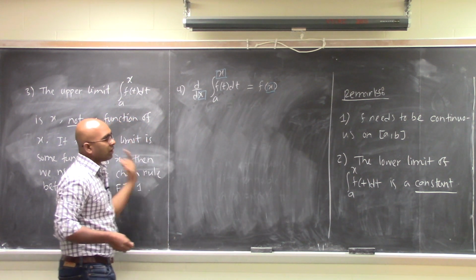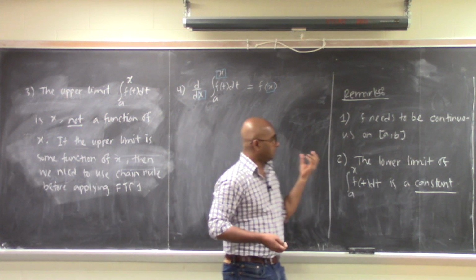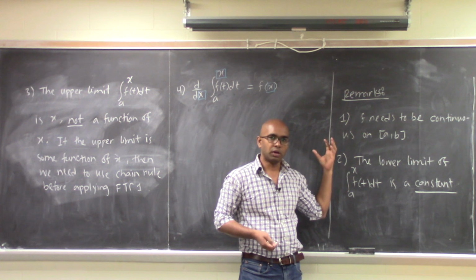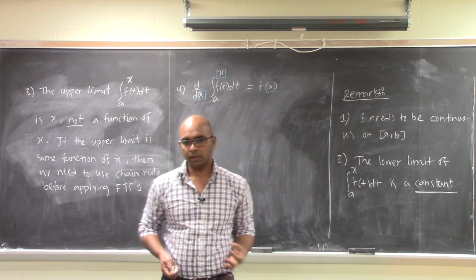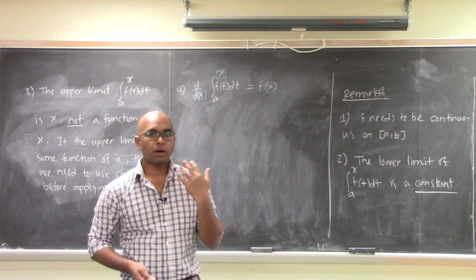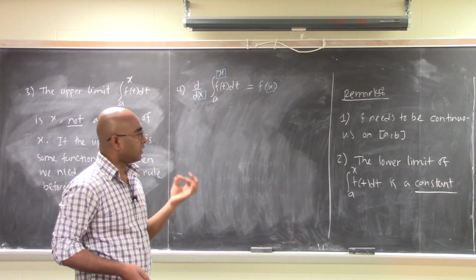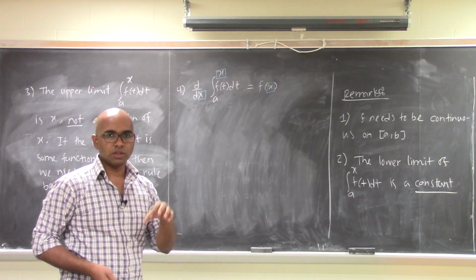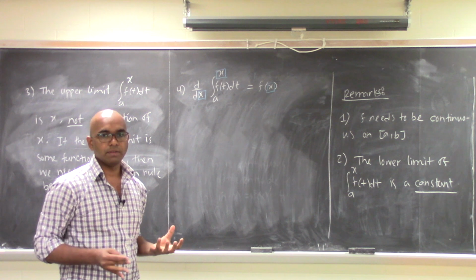So these are 4 remarks. You always need to remember these remarks. Remark 1: when you're applying a theorem, like the mean value theorem or intermediate value theorem or extreme value theorem, you always check the hypothesis. Same here. You need to say that your function is continuous on this interval, so you can apply FTC1.